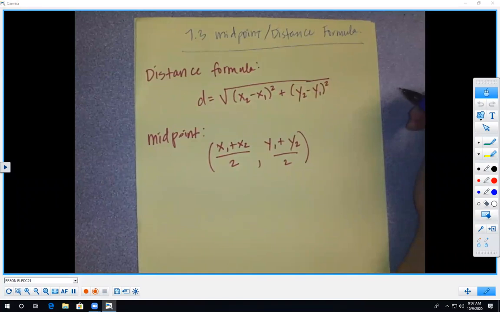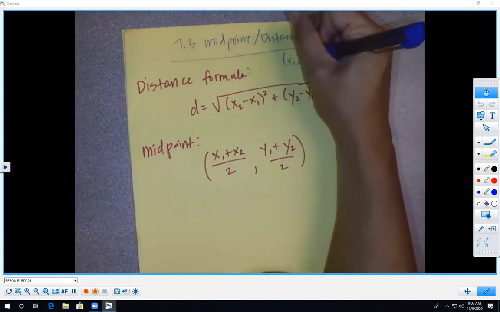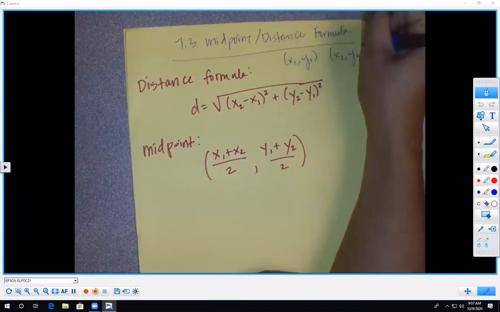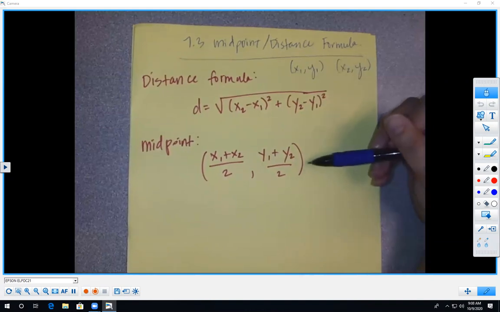To use these formulas, you have to have two ordered pairs, so you're given an x1, y1, and an x2, y2. The distance formula tells you the distance between those two ordered pairs. The midpoint formula tells you the middle of those two ordered pairs, and that's given as an ordered pair.